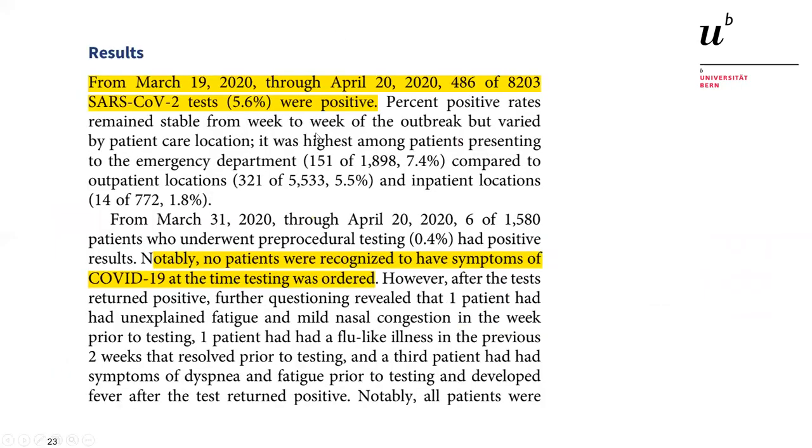And here we have more information in the results. Sometimes we have to go to the results to see if they mention anything about the follow-up. They said that from March 19th through April 20th, 486 patients were positive, but that's the only information we have. And here they mentioned that no patients were recognized to have symptoms of COVID-19 at the time testing was ordered.